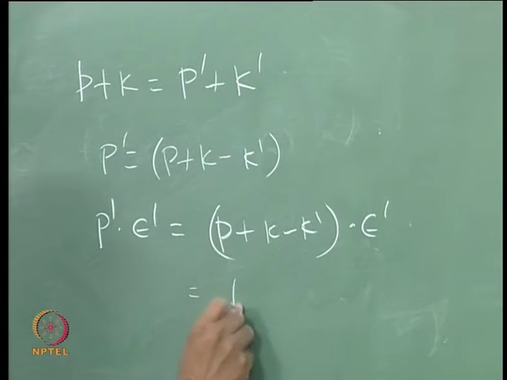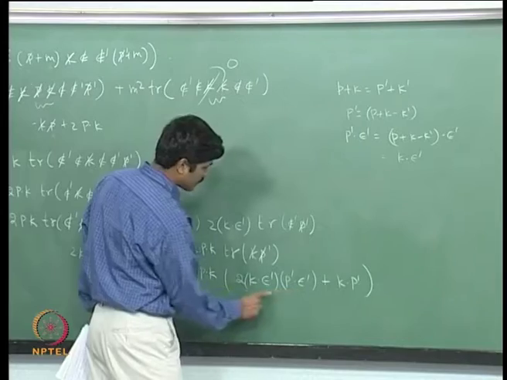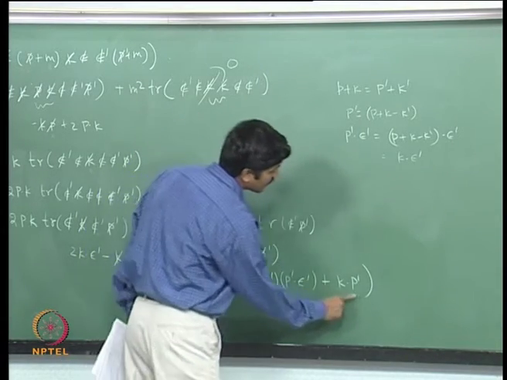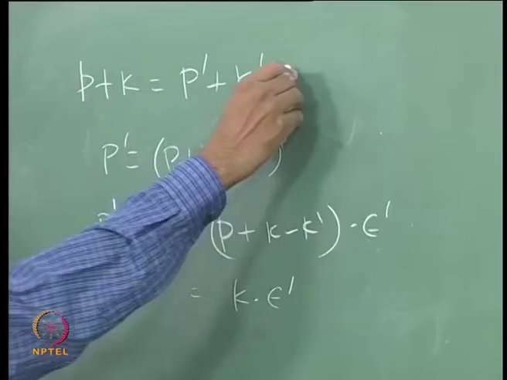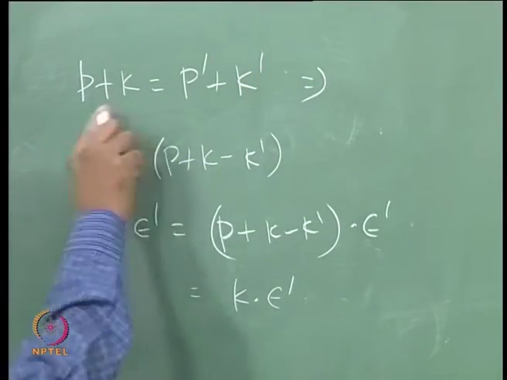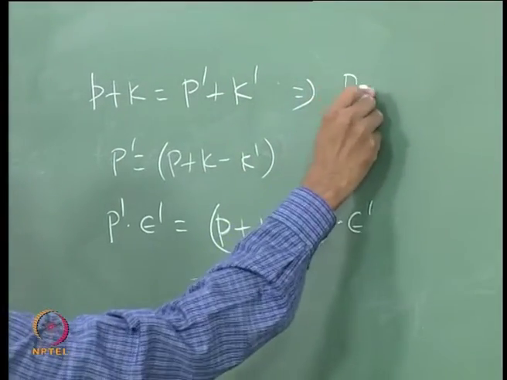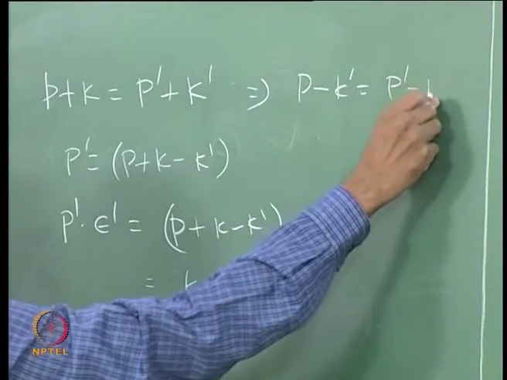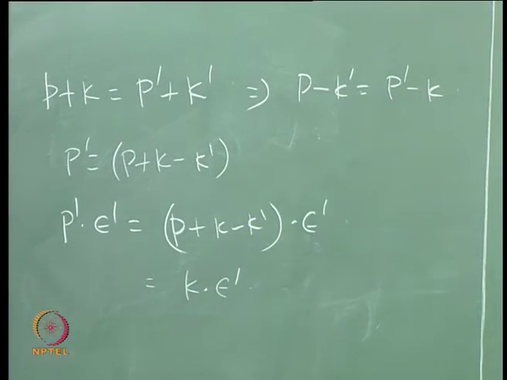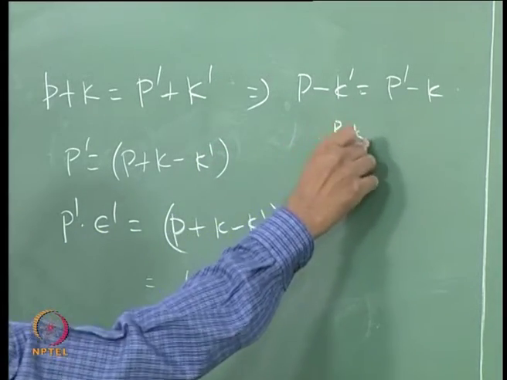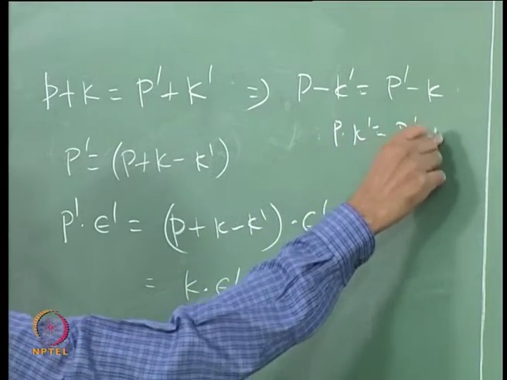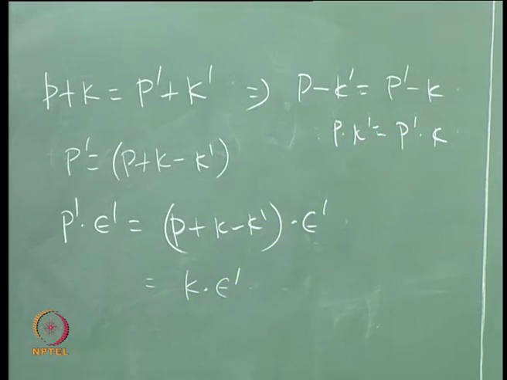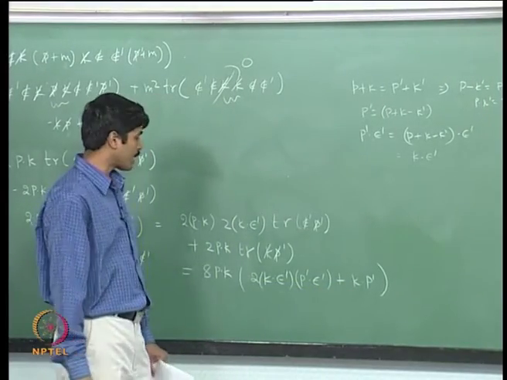So, this is simply K dot epsilon prime. So, therefore, P prime dot epsilon prime is simply K dot epsilon prime, and for K dot P prime you can again see that this simply implies that P minus K prime is equal to P prime minus K. Now, if you square this, then you will get P dot K prime is equal to P prime dot K. So, K dot P prime is K prime dot P.